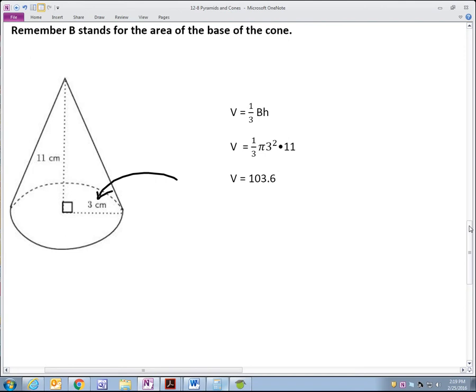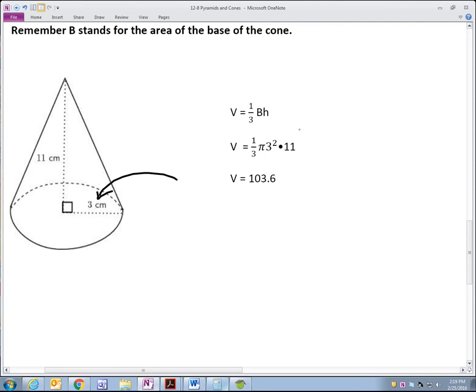And I want to talk about common errors that I'm seeing on your homework. A lot of times it's giving you really bad grades because you're not paying attention to the fact that this here is a radius. If you see one go all the way across, that 3 centimeters is representing the diameter. Please remember to do that right.